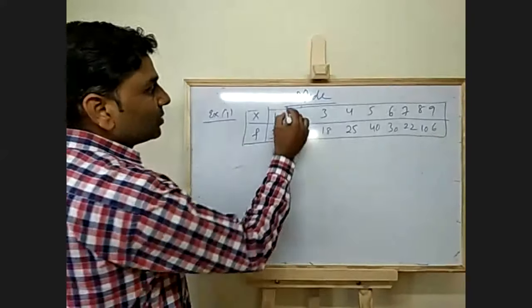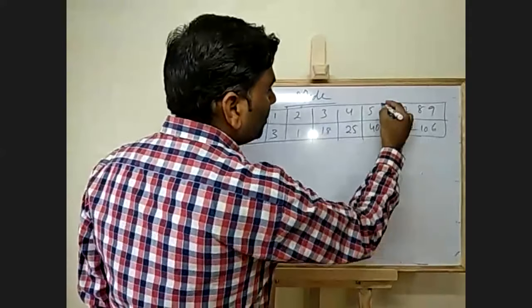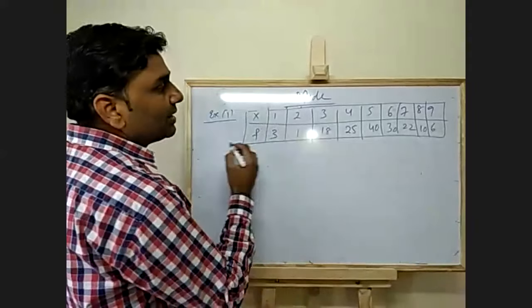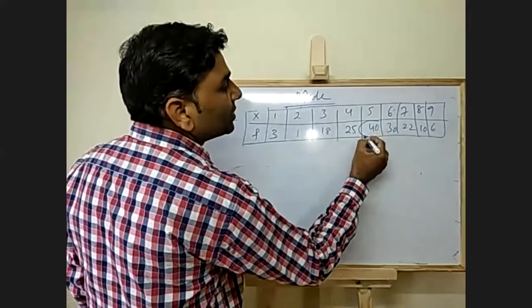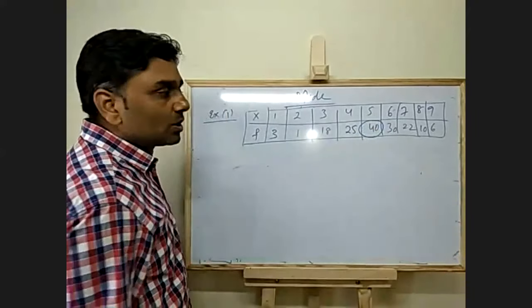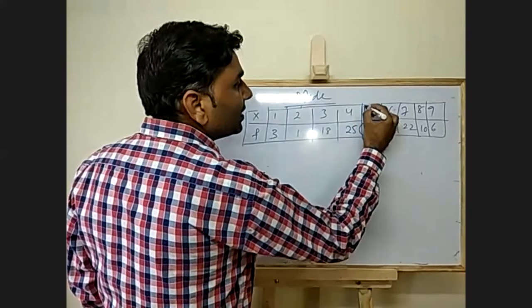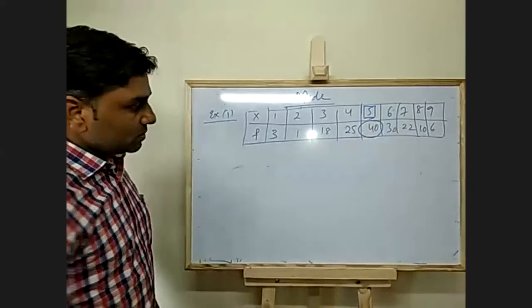Okay, now see. Where is the highest frequency? The highest frequency is 40. So that is why this 5 is your mode.